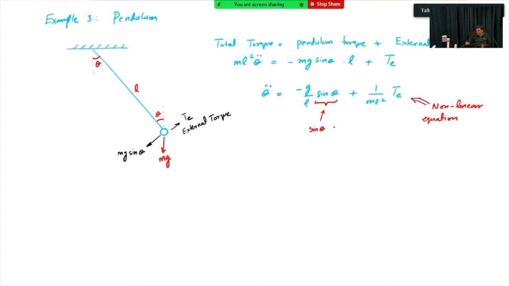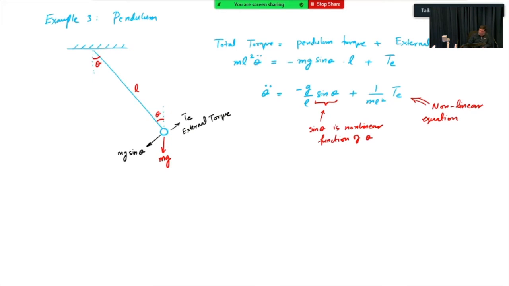Sine theta is a nonlinear function of theta, right? So ideally we would want to have theta, theta dot, and so on, theta double dot. They are all fine because you can always convert them into a linear differential equation.